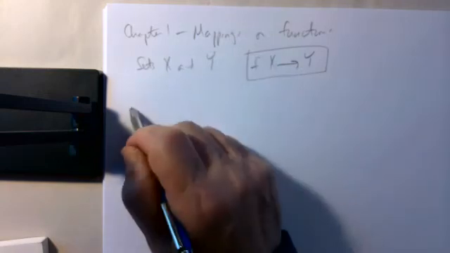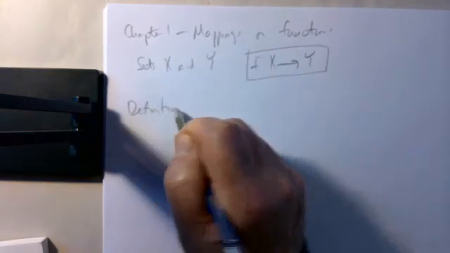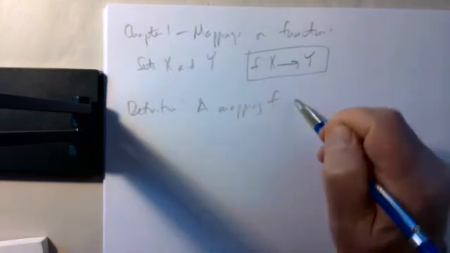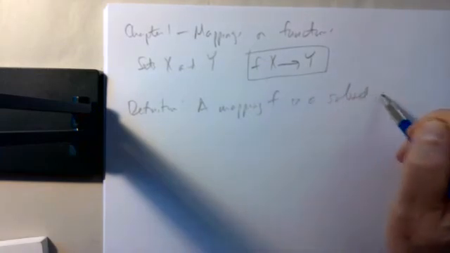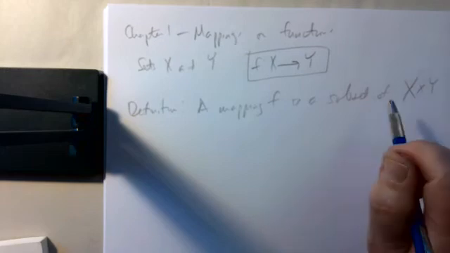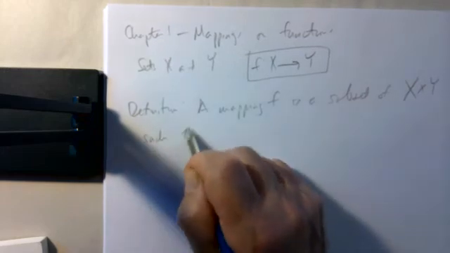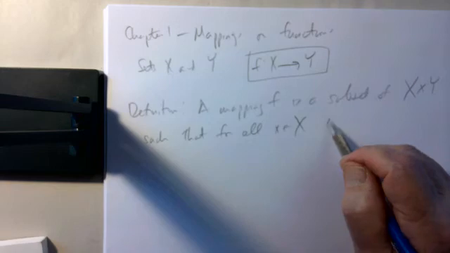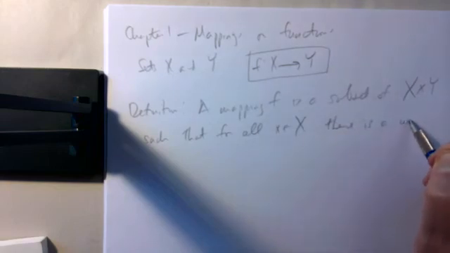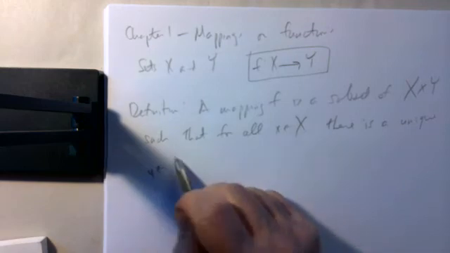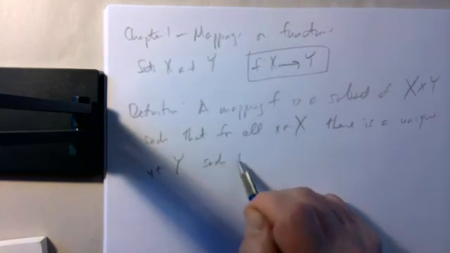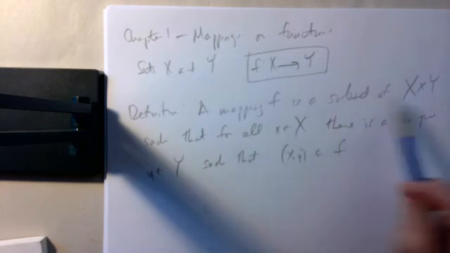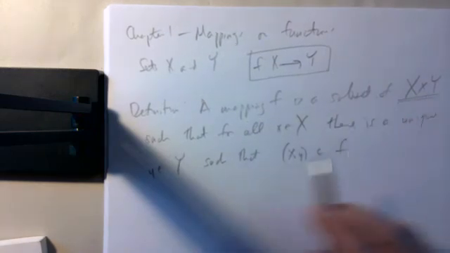And one way to define this, a definition of a function or a mapping: a mapping F is a subset of the Cartesian product of X and Y such that for every X in the set capital X, there is a unique element Y in the set capital Y such that the ordered pair XY is in F. F is a subset of the set of all ordered pairs.